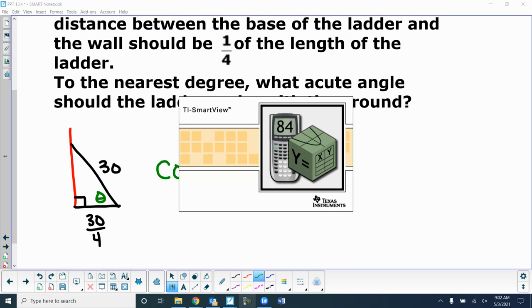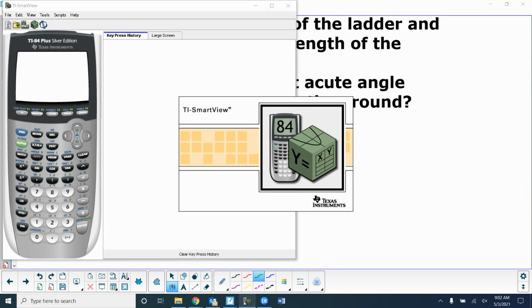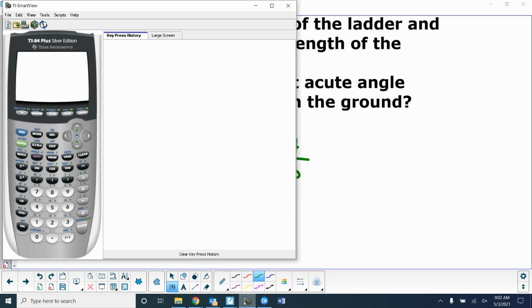So 30 over 4 divided by 30. Okay. To find this angle, we do the inverse. We're looking for the angle whose cosine is 1/4, right? 0.25.